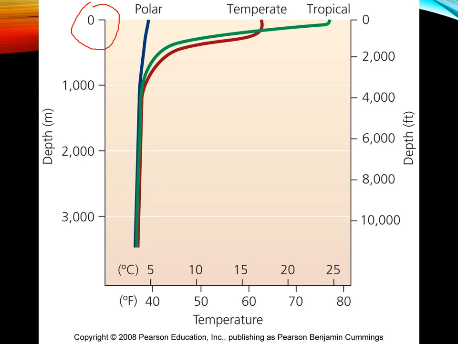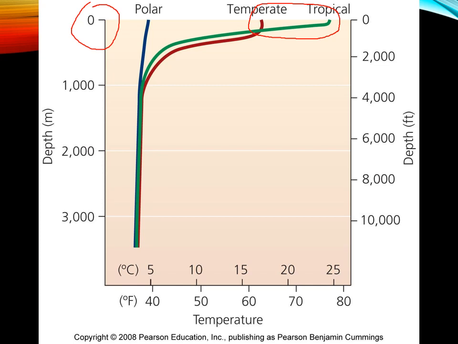All right. But as we get to temperate and tropical areas, we have warming at the surface, right? So here the temperature in the tropics can be, let's say, 23, 24 degrees Celsius. Temperate might be about 18 degrees Celsius. So it's warming at the surface.